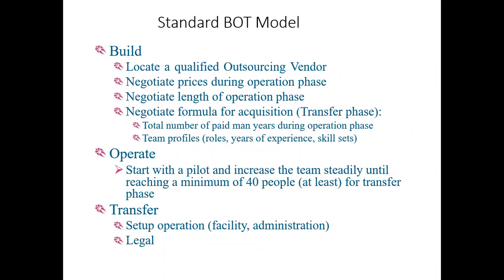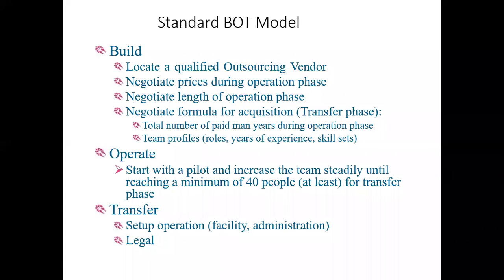That means this is a standard condition that at the transfer phase, at least 40 people should be there at that booth, in working condition. Okay, so minimum 40 people is required at the transfer phase. That means after 20-30 years.